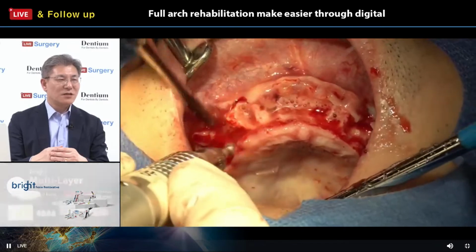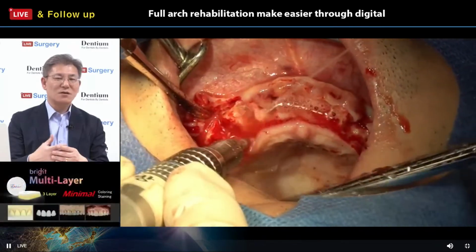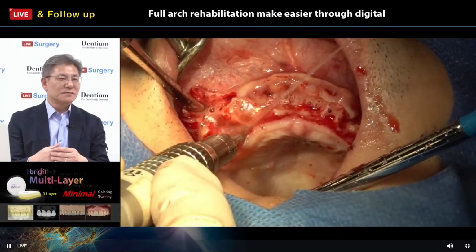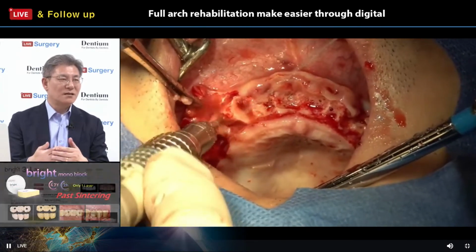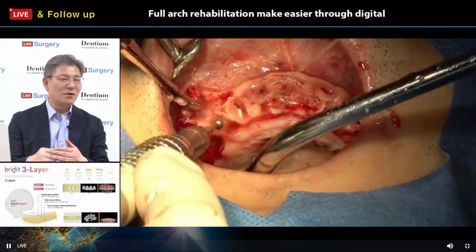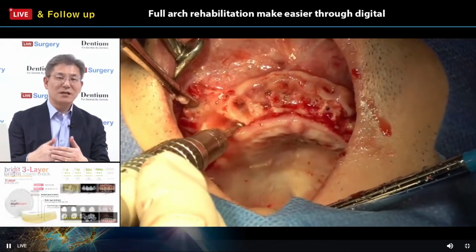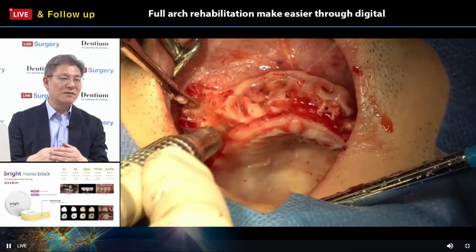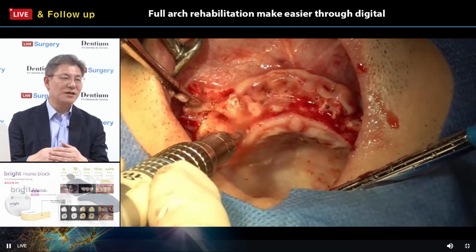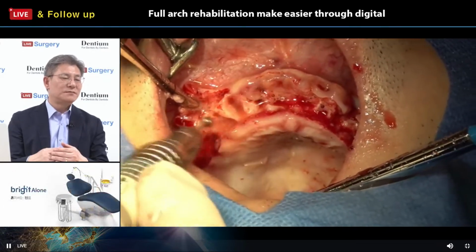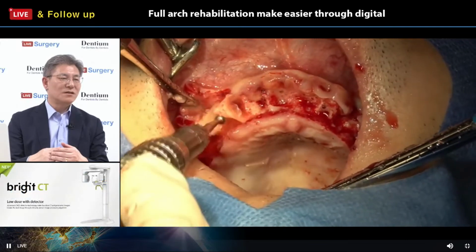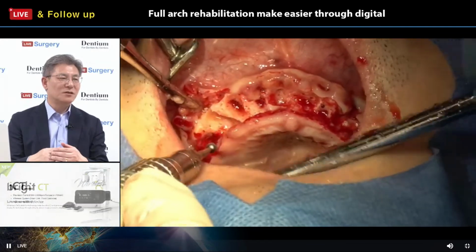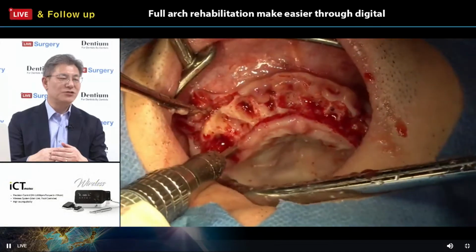And actually, the auxiliary purpose is this; the main purpose is removing the irregular bone spicules, removing the irregularity of the remnant bone in the alveolar area, and the whole granulation tissues and remnant inflammatory tissues.